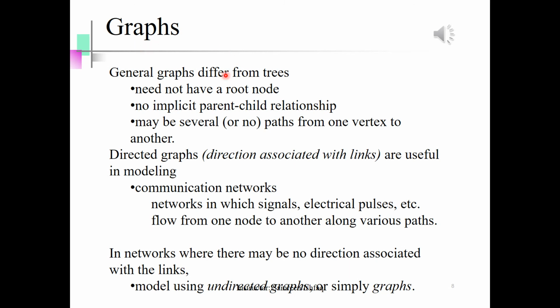How do graphs differ from trees? We don't need a root node in a graph. There's no implicit parent-child relationship. There may be several paths from one vertex to another. Directed graphs are useful in modeling communication networks, while undirected graphs are useful when directions are not required.